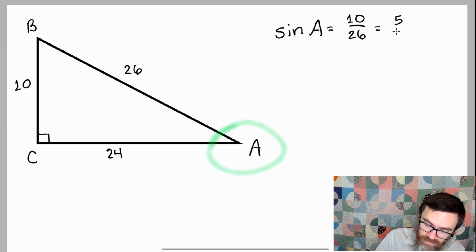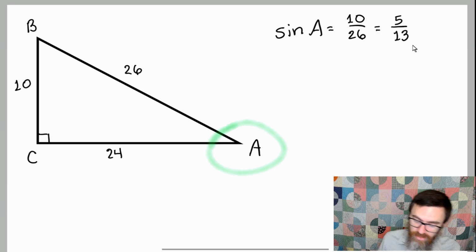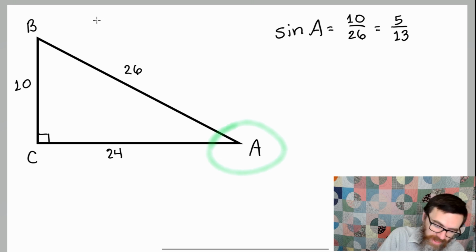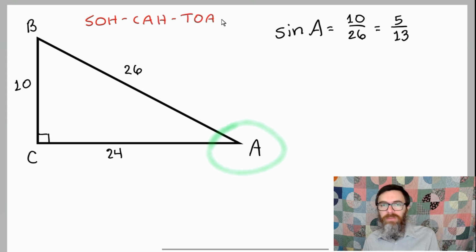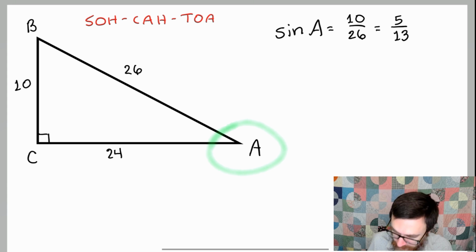And this reduces to 5 over 13. And remember, if you forgot what those relationships are, write it out at the top. Write out that mnemonic, SOHCAHTOA, and we can use that to build everything else that we need.